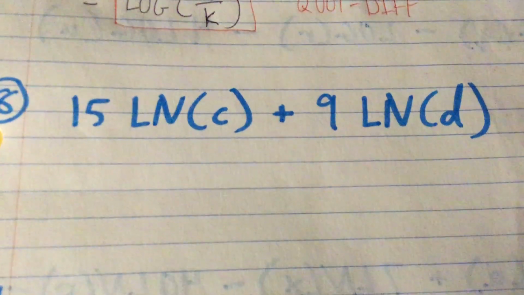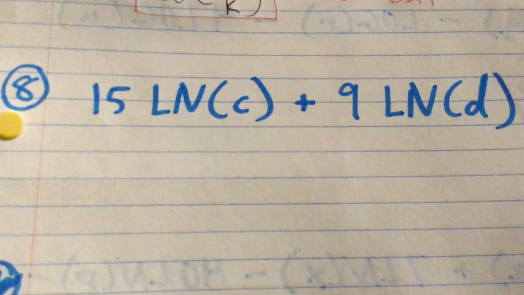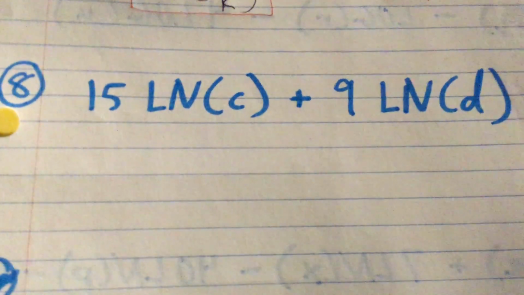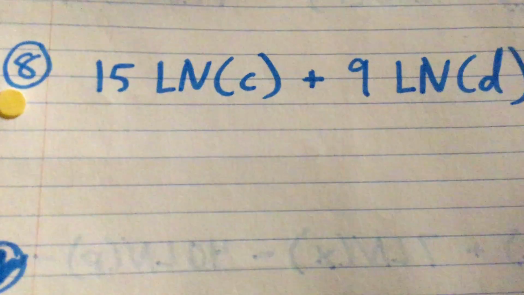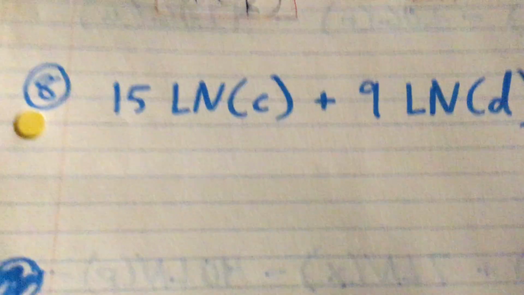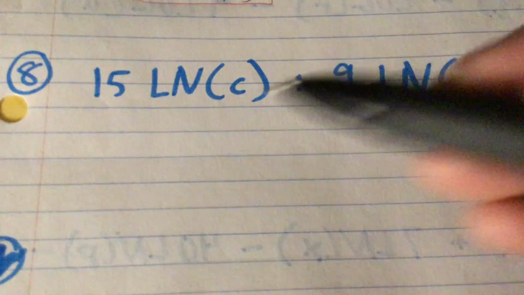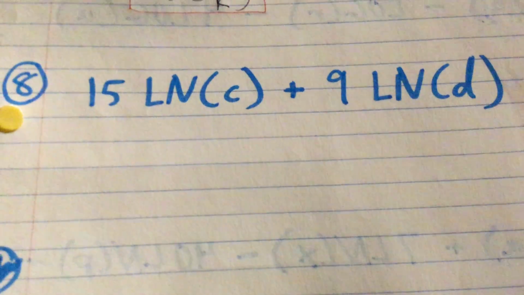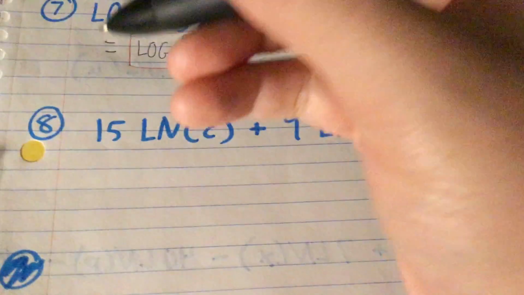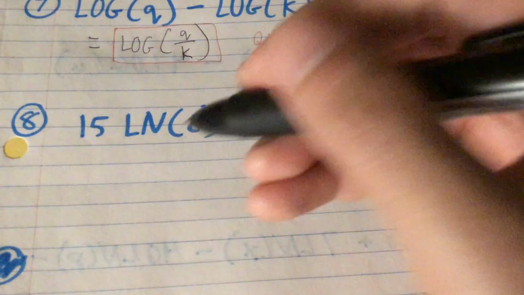Number 8. 15 natural log of c plus 9 natural log of d. Now we're in business. Well, if there are factors out in front, and I've got an addition, first thing I'd like to do is bring these factors out in front inside of the logarithm.